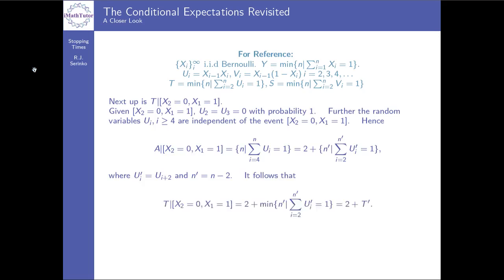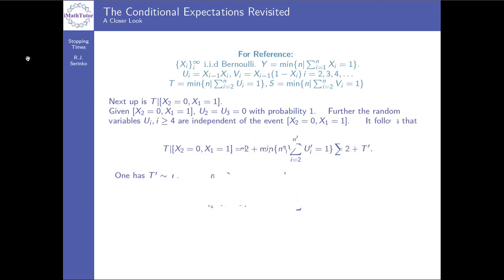It follows that we can write this conditional random variable as 2 plus t prime, where it should come as no surprise that t prime has the same distribution as t. Consequently, the expected value of t, given the first toss is a head and the second is a tail, is 2 plus the expected value of t.